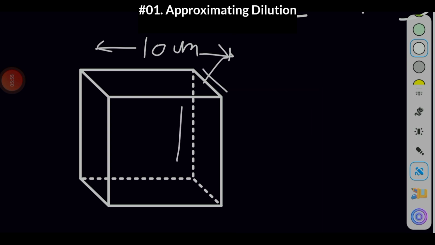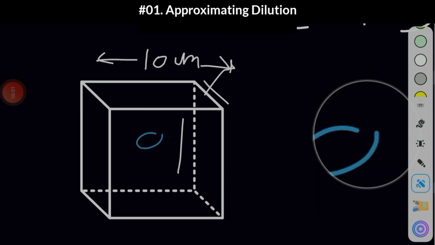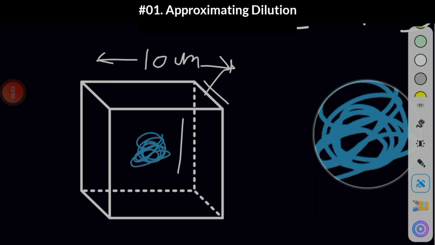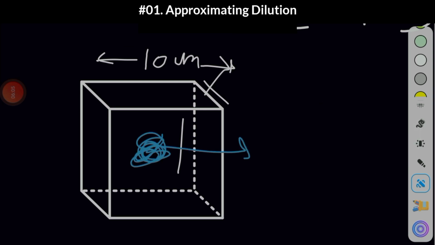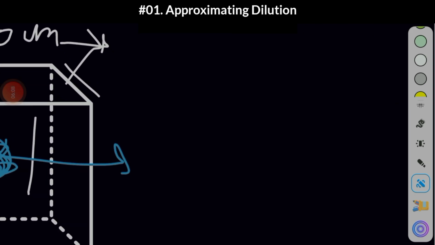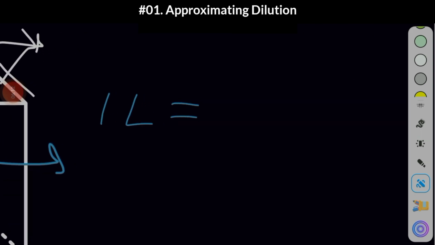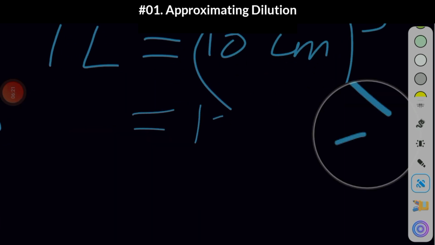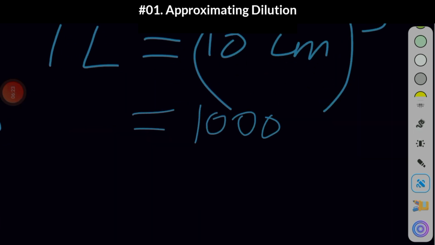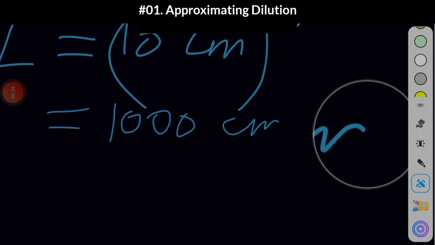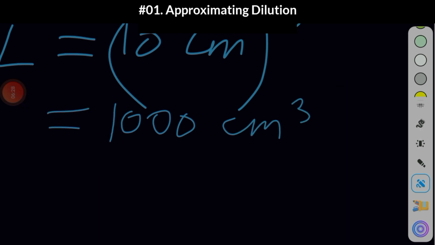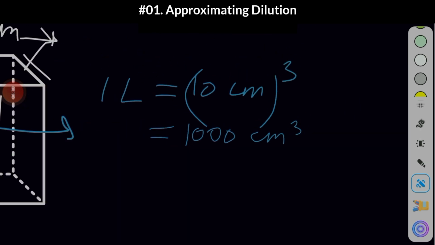Then the amount of water that you can fill inside of this cube will be equal to 1 liter. That is, 1 liter is the volume of 10 centimeter cubed, which equals 1000 centimeter cube. This is the definition of a liter.